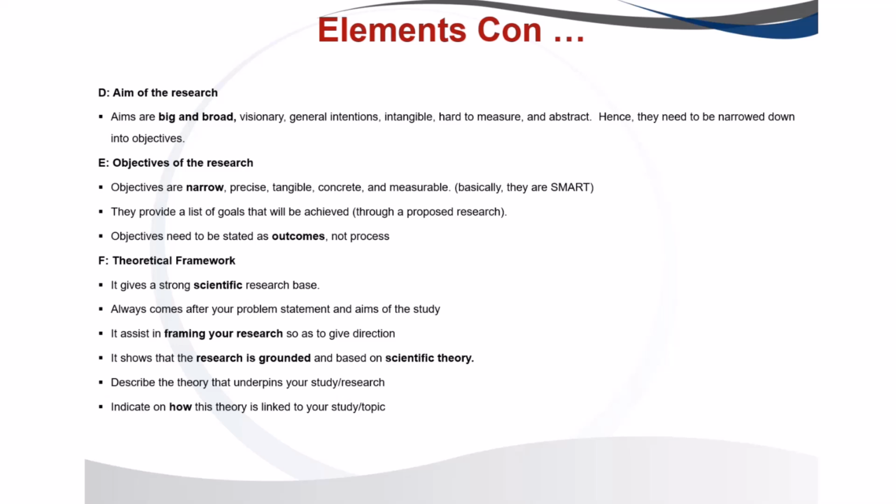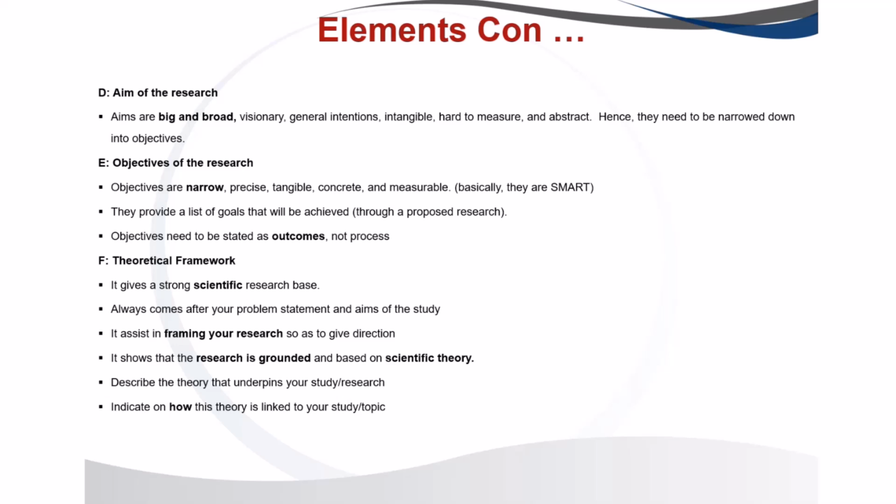It shows that the research is grounded and based on scientific theory. It's very important. The theory talks about science. You can't formulate your own theory. At this level, I don't have a theory even myself, but we can use existing theories.